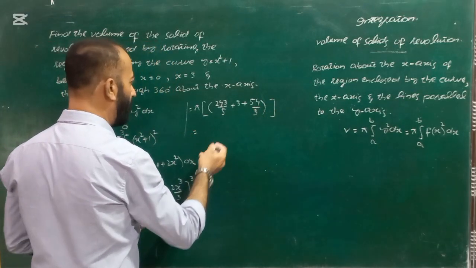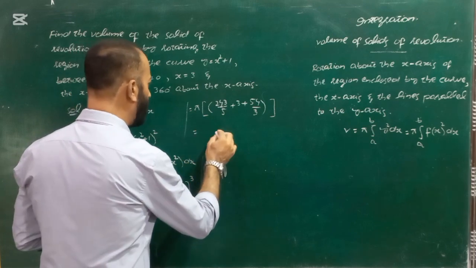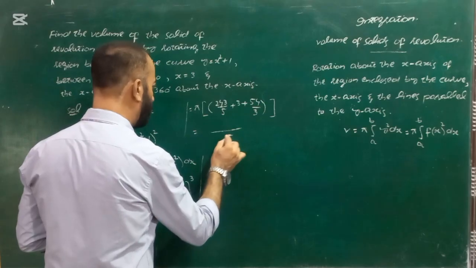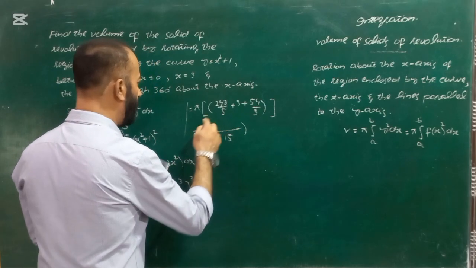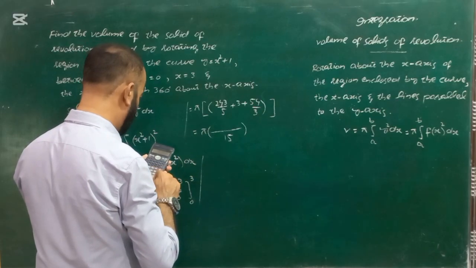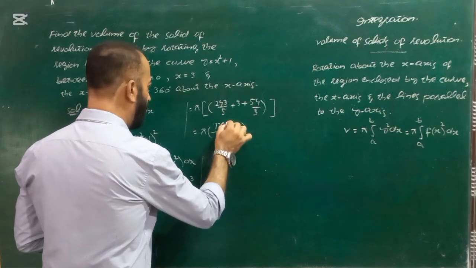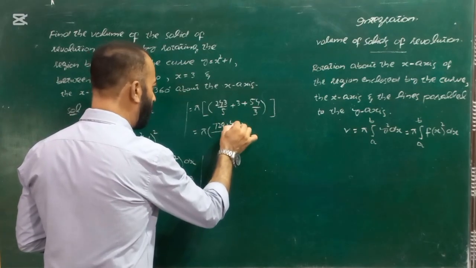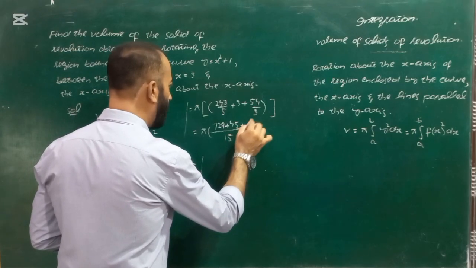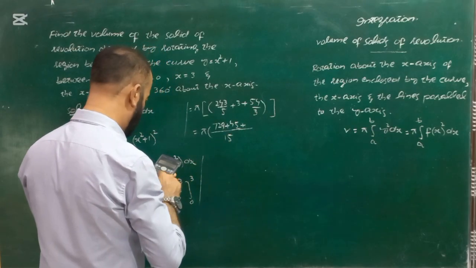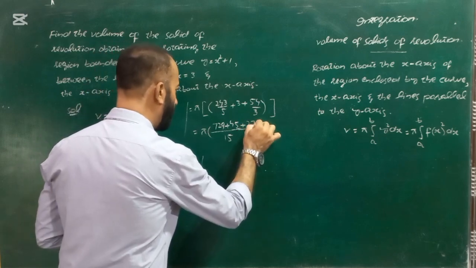Moving further, solve it now. 15 is the LCM, and pi is still here. 5 3s are 243, 3 243s are 729, 15 3s are 45, and here 3 5s are 15, 54 times 5 is 270.